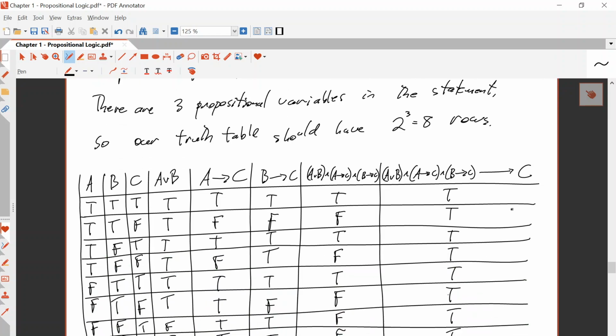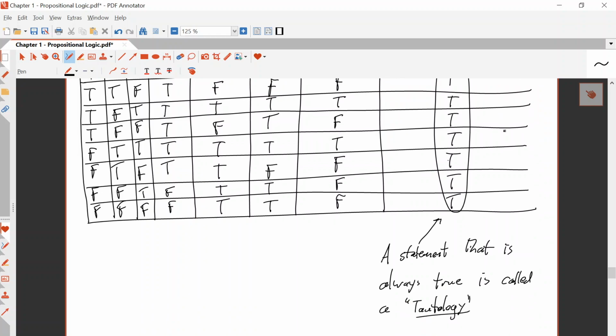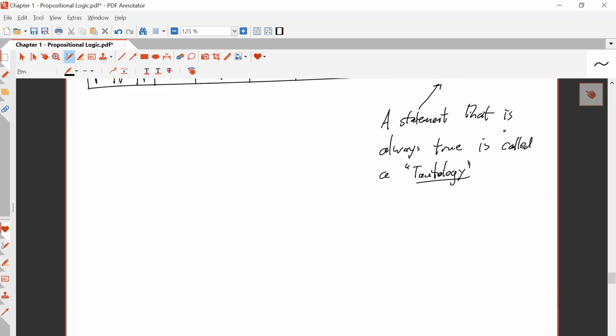And here's the completed table. And you notice that at the end, it turned out that this propositional logic statement is always true. And a statement like that is called a tautology.